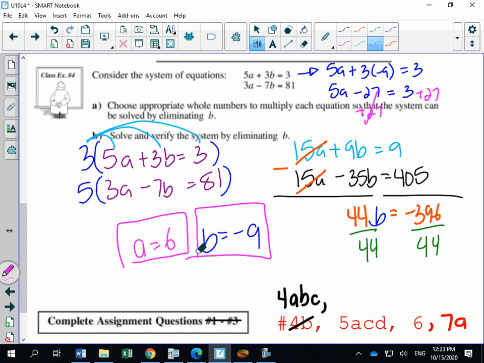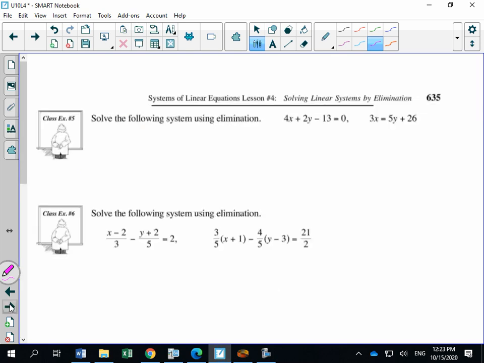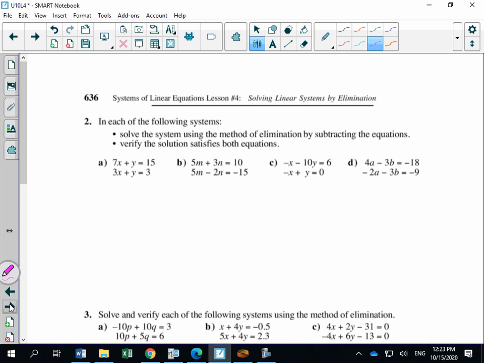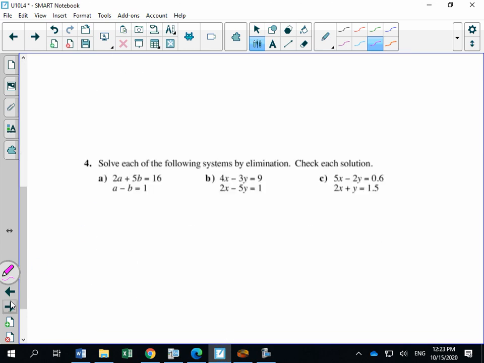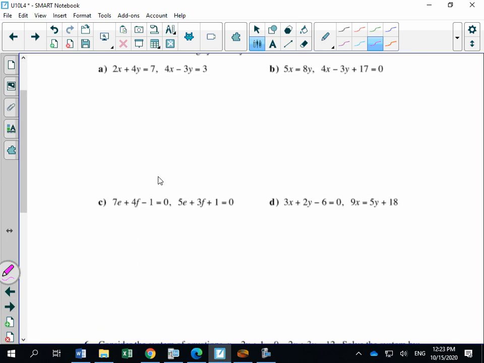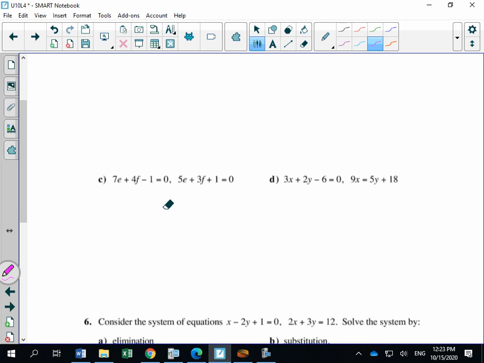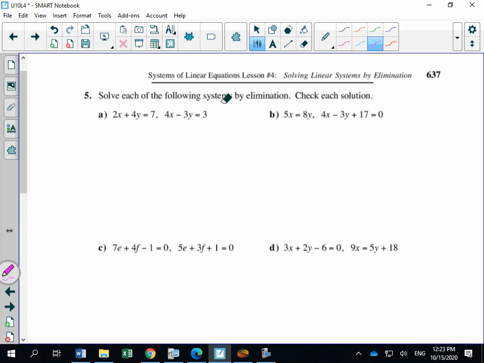What I want to talk about quickly before I save the video is let's look at 5D for a second. Okay, so here's how they gave us our two systems, and they say solve by elimination.